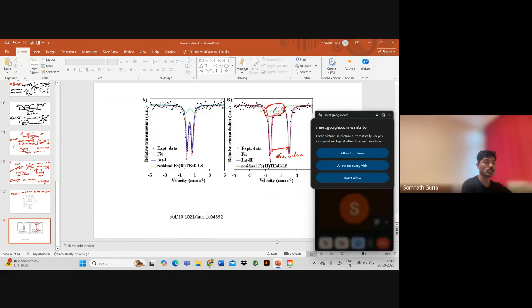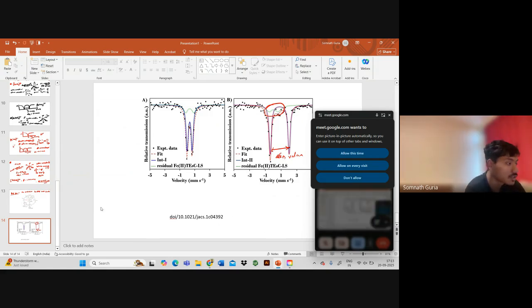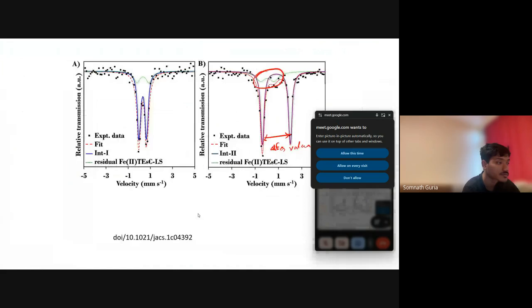If you want to check, go through that publication. In this publication you will get all the data and parameters, what the delta EQ value is and what the delta value is.